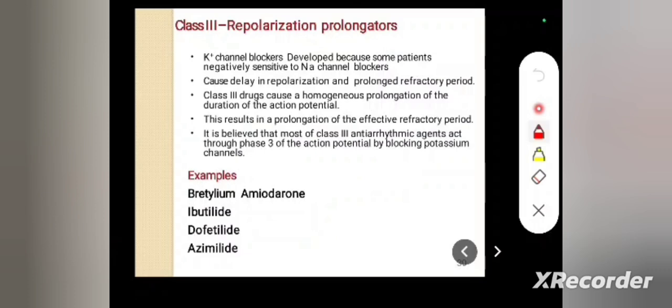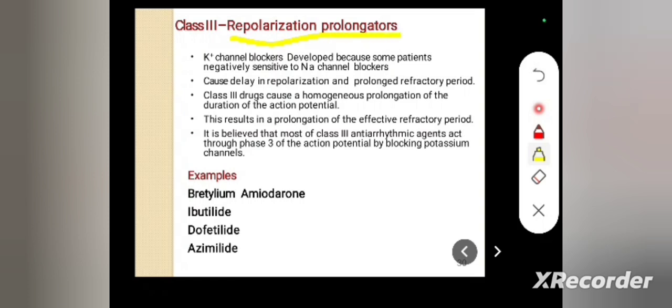Okay, so the next class of antiarrhythmic drugs, that is class third antiarrhythmic drugs or potassium channel blockers, also known as the repolarization prolongators.